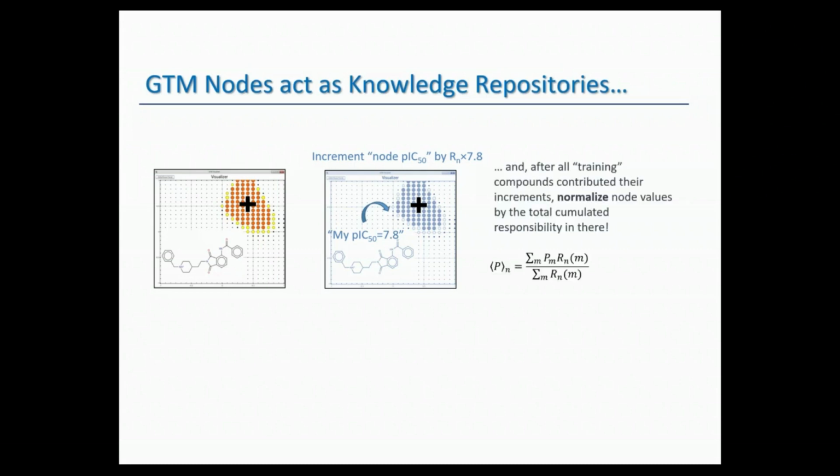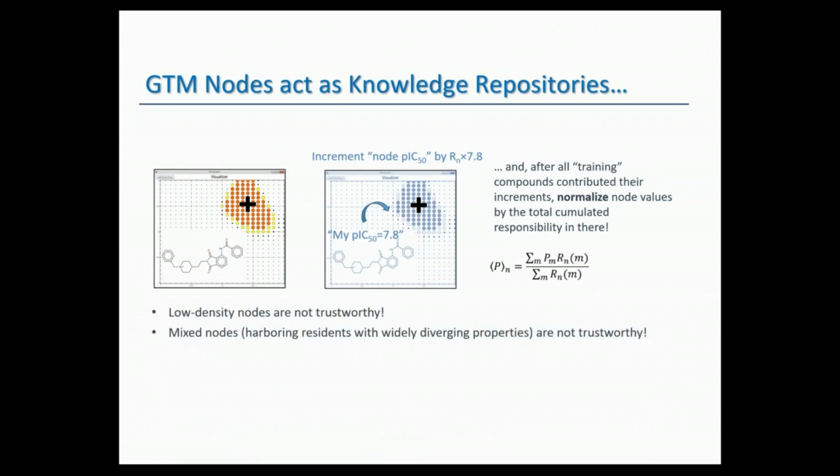The others will be less. And at the end of the day, after I project all the known molecules with measured pIC50s, I just need to normalize the node values, and I obtain the specific node pIC50s, which then can serve to predict the newcomers, right?